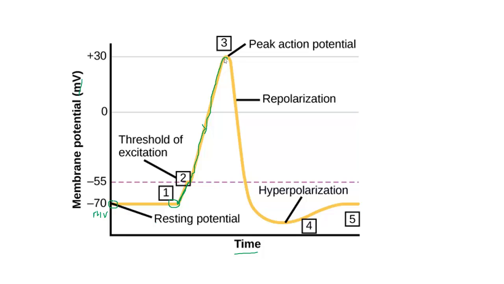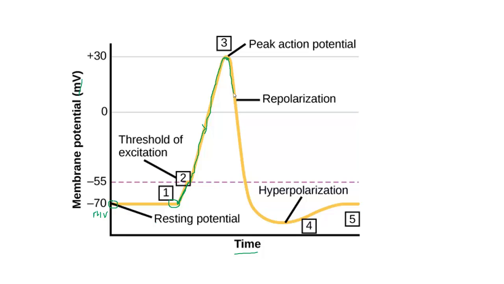As potassium starts exiting the cell, your membrane potential is going to start decreasing. Now it's going back down towards 0. The positivity inside the cell is decreasing. It's going back down towards negative.